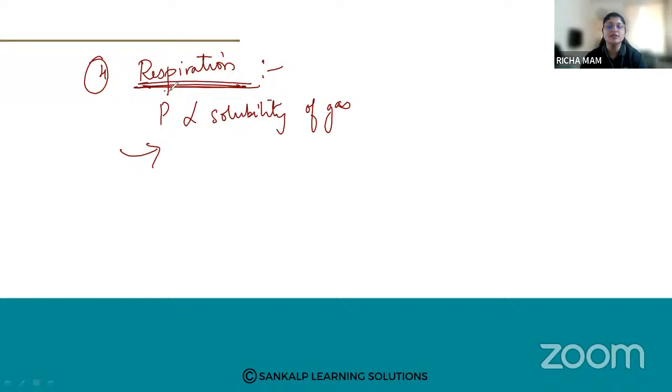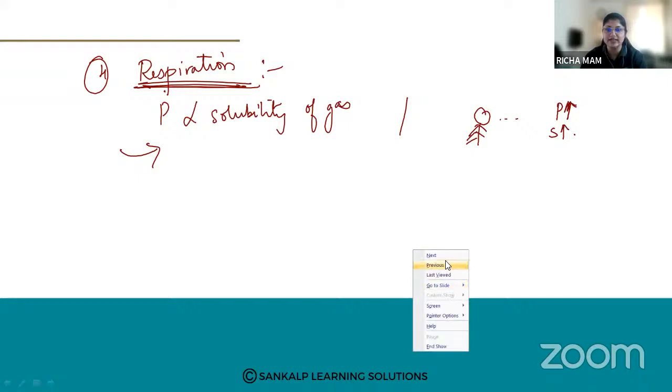This is the application of Henry's law. So these are the four. When a person is taking oxygen, the pressure will be more, and as the pressure increases, the solubility of oxygen will also be more. So these are the applications. Is it clear?